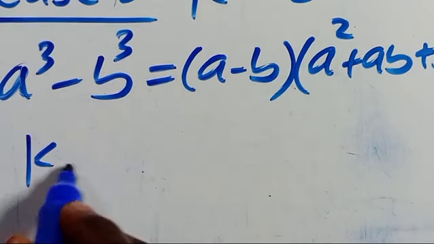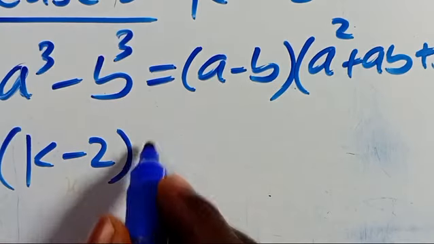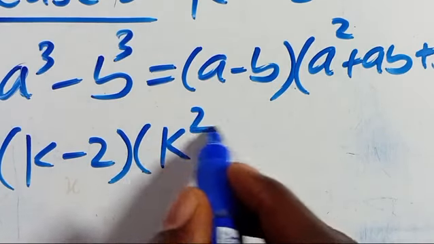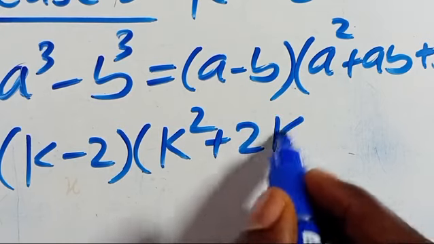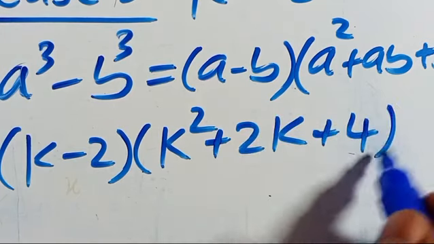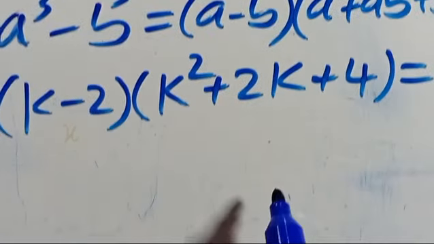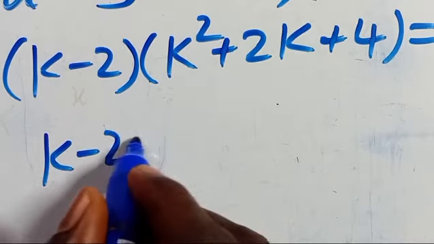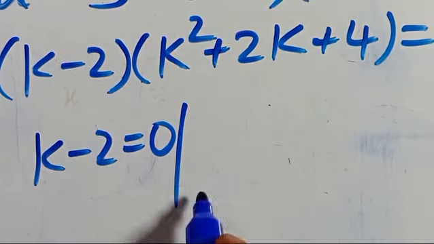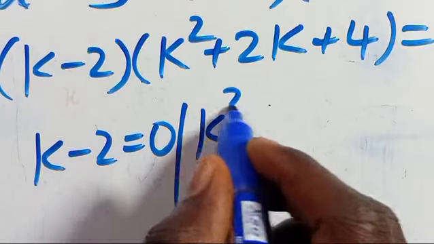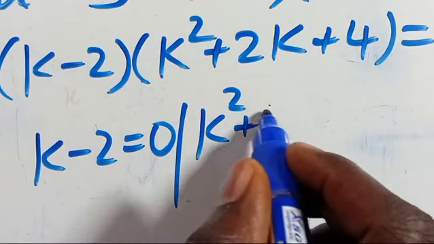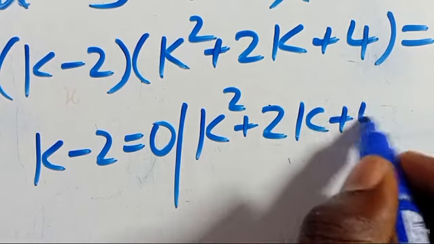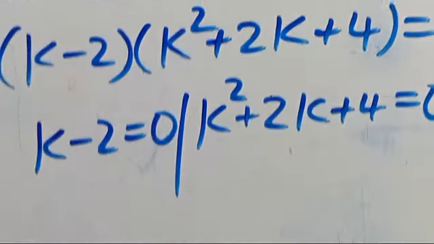So here it will be k minus 2 in parentheses multiplied by k square plus 2k plus 4 equals 0. For this to be equal to 0, either we have k minus 2 equals 0, or we have k square plus 2k plus 4 equal to 0.